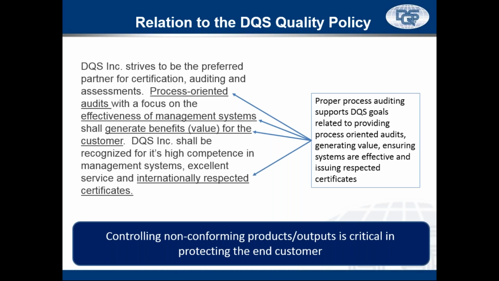I would say it's a pretty logical conclusion that if you can help the customer not ship non-conforming product to their customers, you're doing a lot in terms of generating value and the effectiveness of the management system. And we want to issue internationally respected certificates. So focusing on this requirement and sampling it appropriately, which we're going to talk about, is how we close the gap there. This is crucial not only for our customers, but for our customers' customers.